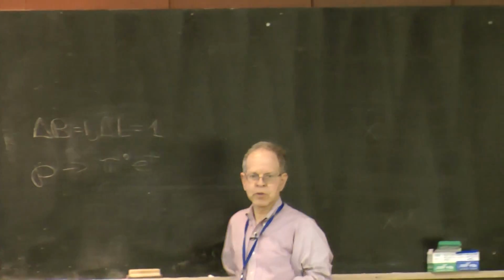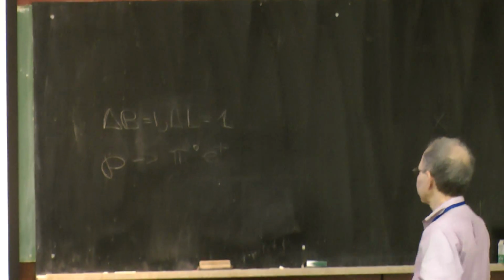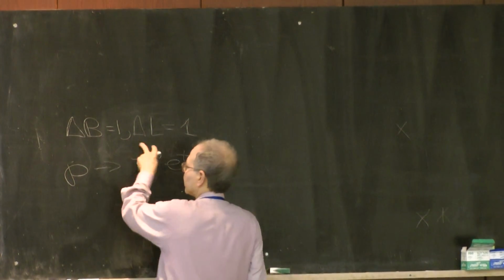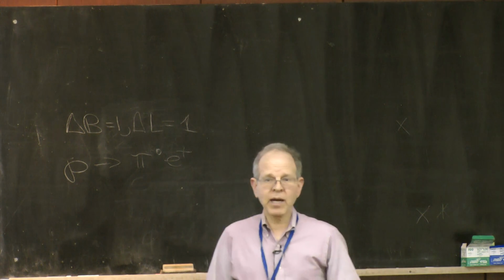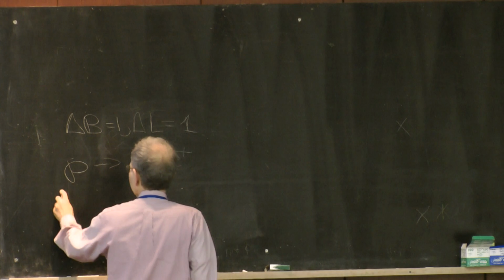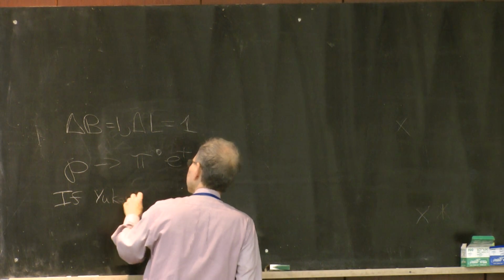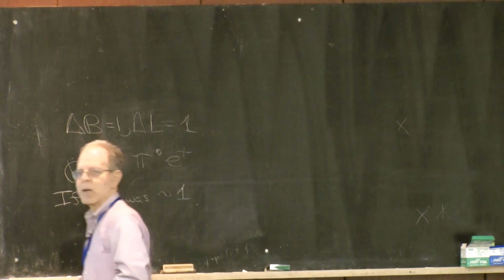This is consistent with angular momentum and Lorentz symmetries and electric charge, if I've done it right. And it's allowed if I have operators like this. If I make a naive estimate, if these Yukawa couplings were order 1, the lifetime of this will be something ridiculous.